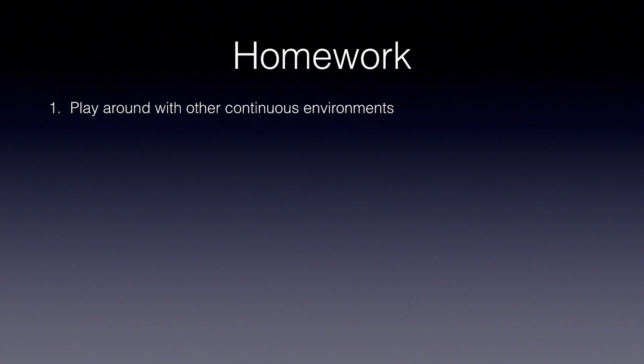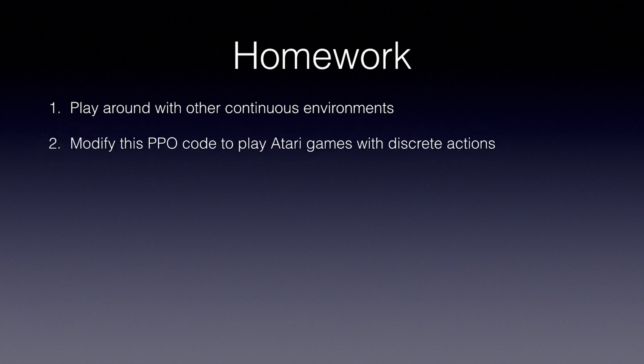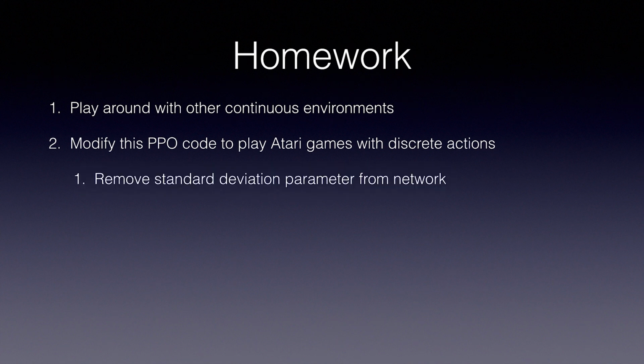Now it's time for some homework. First, I want you to play around with other continuous environments, either from Roboschool or from Open AI Gym. Second, try modifying this PPO code to play Atari games with a discrete action space. It's not too complicated. First, you have to remove the standard deviation parameter from the network.